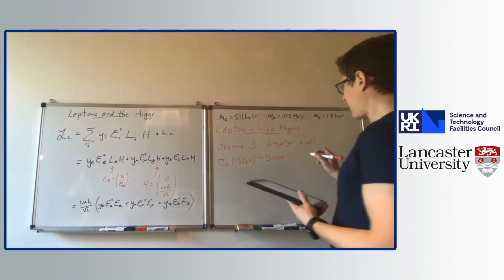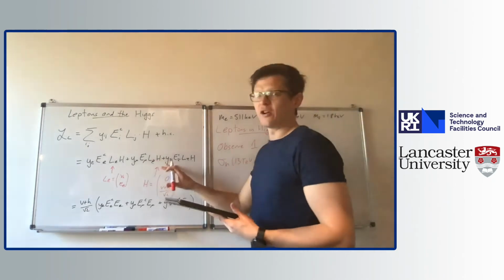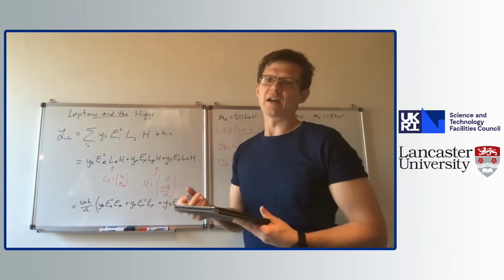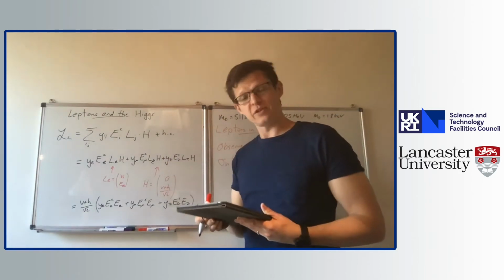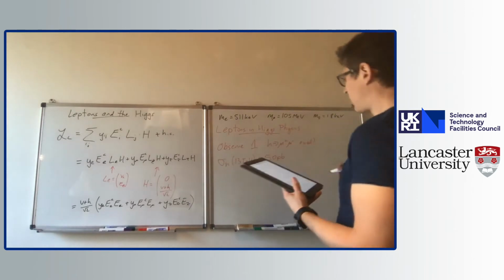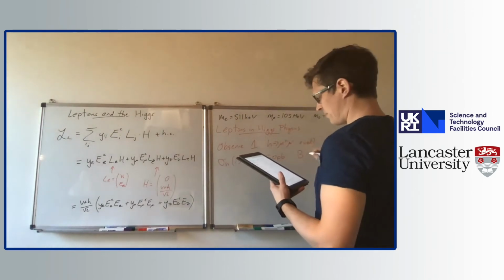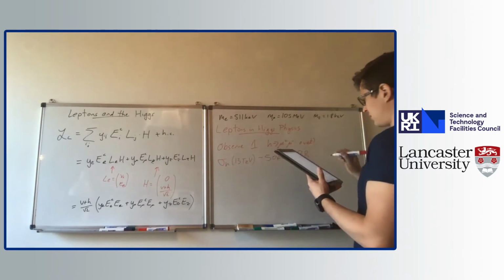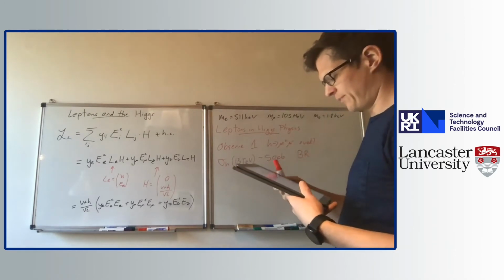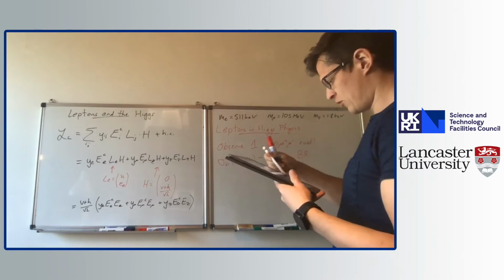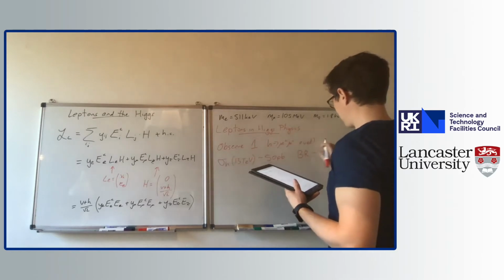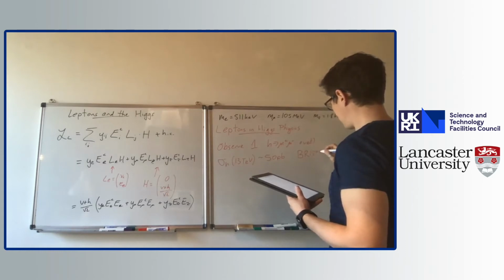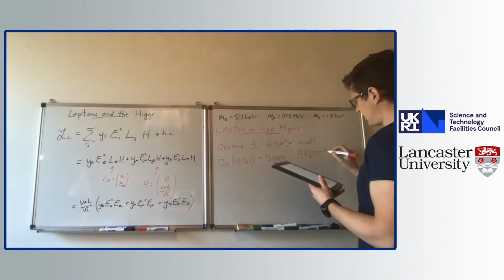And I can tell you that we can calculate the branching ratio to tau leptons, which is actually also being measured at the moment, which is a remarkable thing. The branching ratio of the Higgs to tau plus tau minus is something like 0.066.